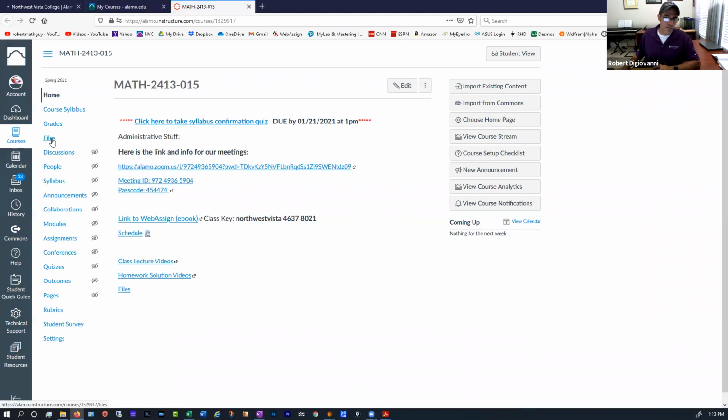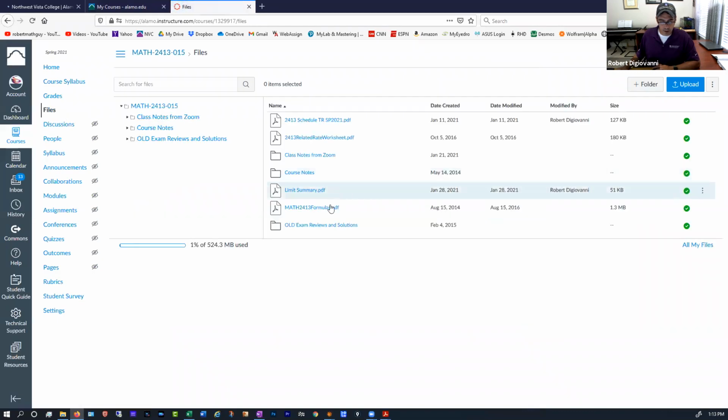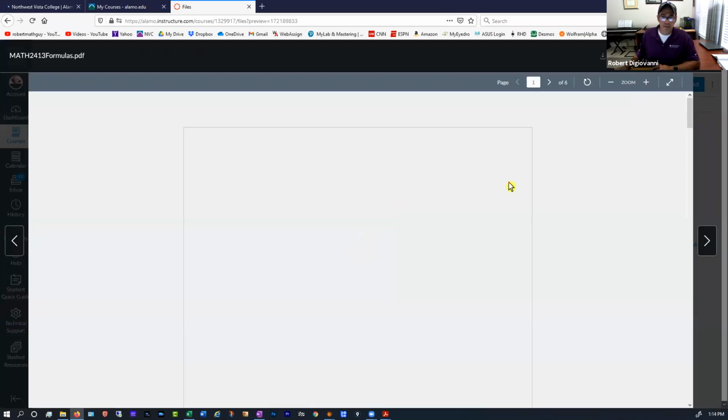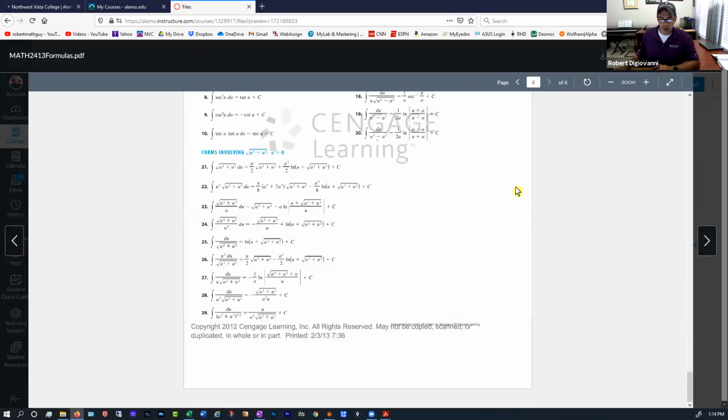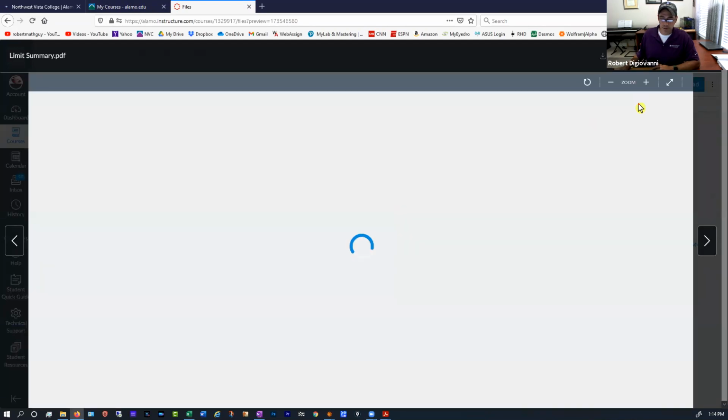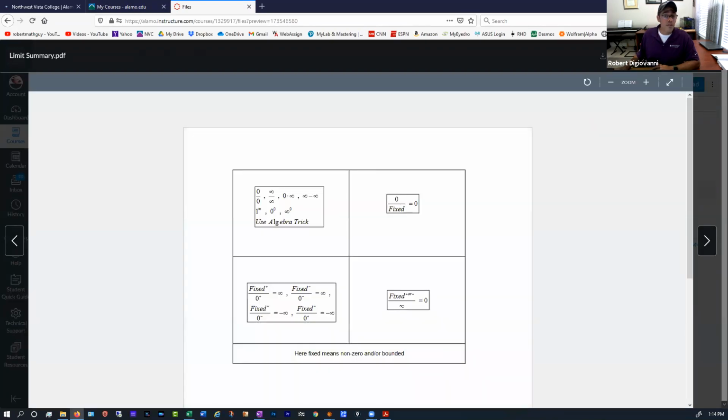If not, you have to hand write all the formulas before the test. Don't come in without them. So you go to files, you go to, where is it? Formulas right here. So you can have all 6 of these sheets. And then you can also have the limit summary. I will allow you to have that on the test for this first test. All right. But that's all you're allowed to have.